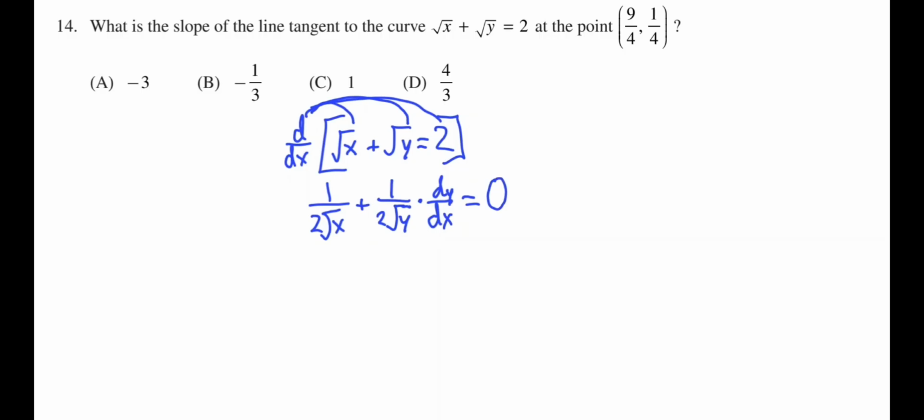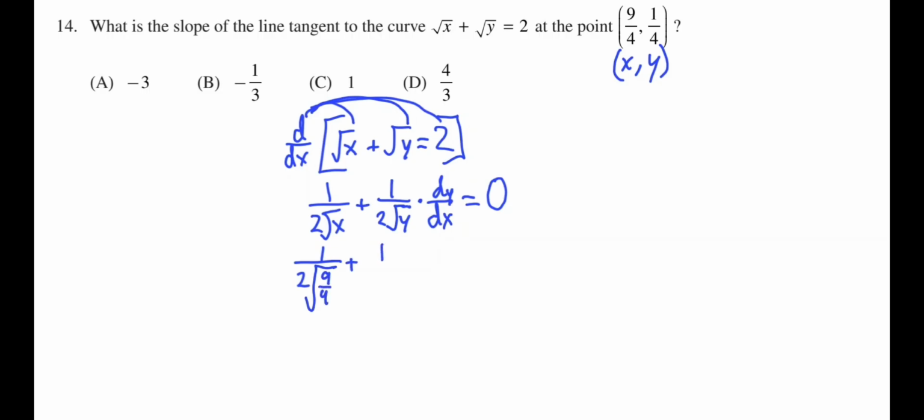All right, so now let's solve for dy dx. We can plug in the given point 9/4 and 1/4 for every x and y, and then solve for dy dx. So 1 over twice radical x, with x a 9/4, so 9 over 4.